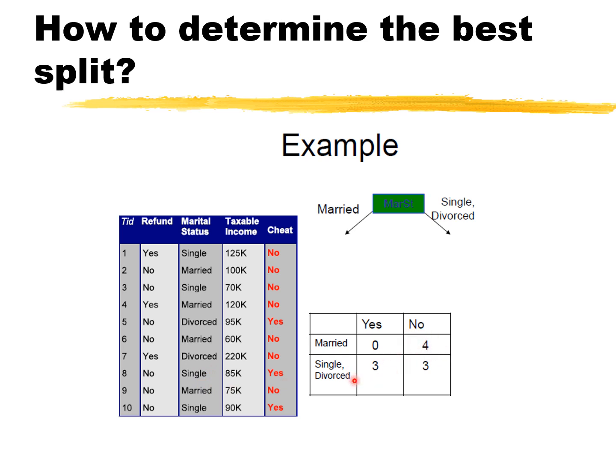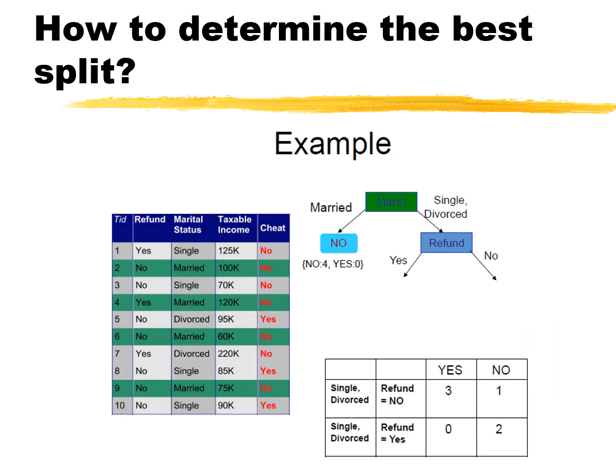Now single divorced, we will see that we have 3 and 3. So 3 yes and 3 no. So we will have to use another attribute to determine whether they are cheating or not. So here we said that married is no. Now we identify the refund.